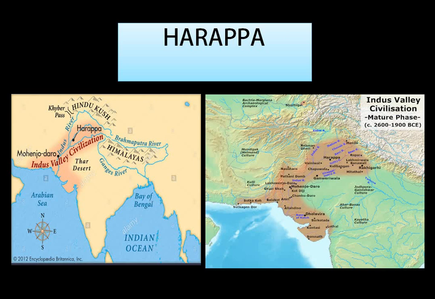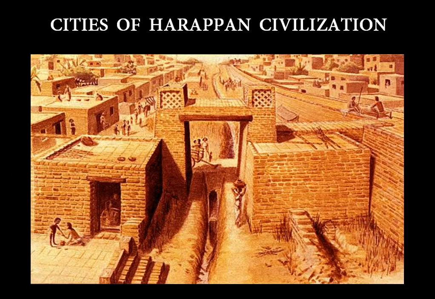Cities of Harappan civilization are well known for their systematic town planning. The houses were built in blocks created by parallel roads that crossed each other at right angles.